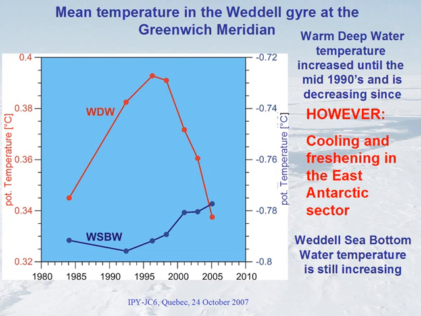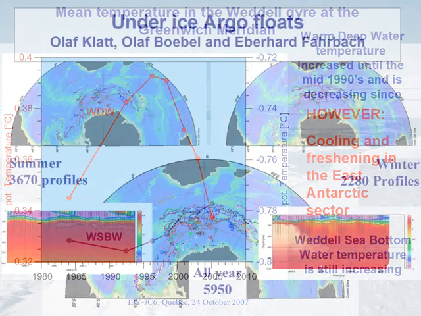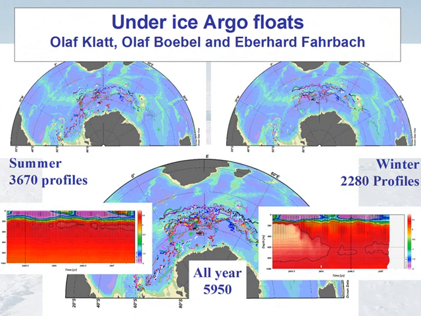This has to be followed as well, and therefore we are developing a similar system for the Antarctic Ocean, where we have buoys floating under the ice, transmitting their data when they return to the surface in the next summer. And with this type of buoys, we can obtain measurements of the Antarctic Ocean under the sea ice over decades and see what has happened there in the future.